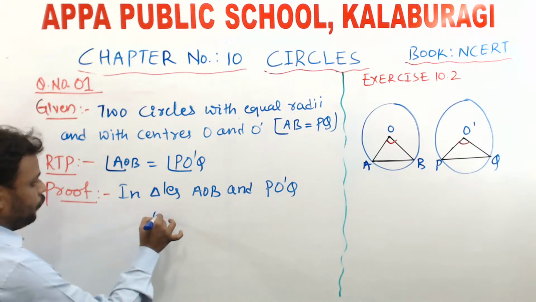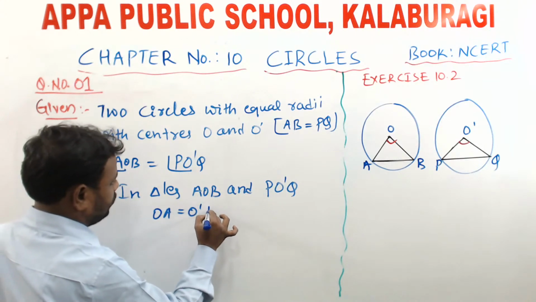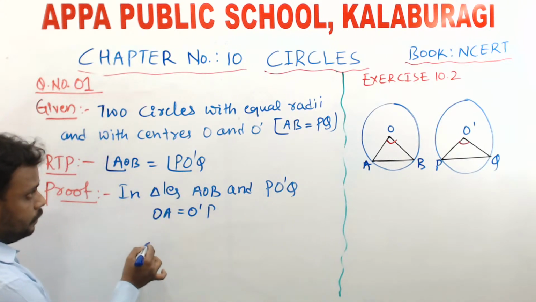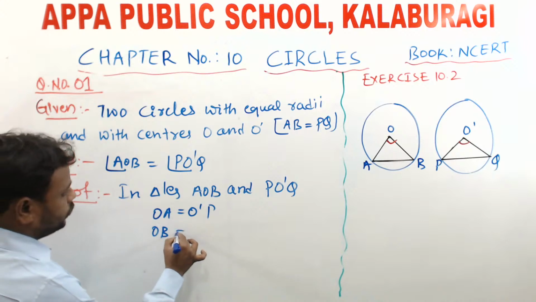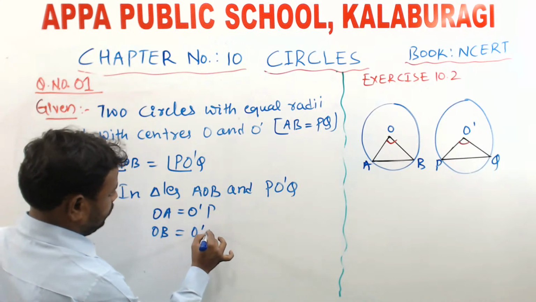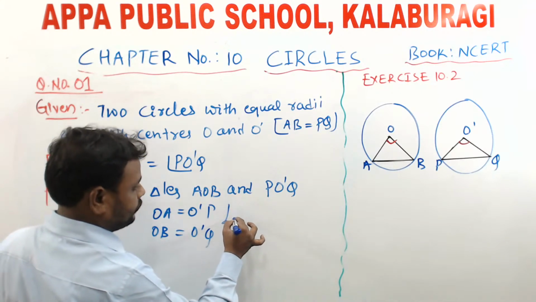Next, OA is equal to O dash P. Then OB is equal to O dash Q. You can write it at a time.